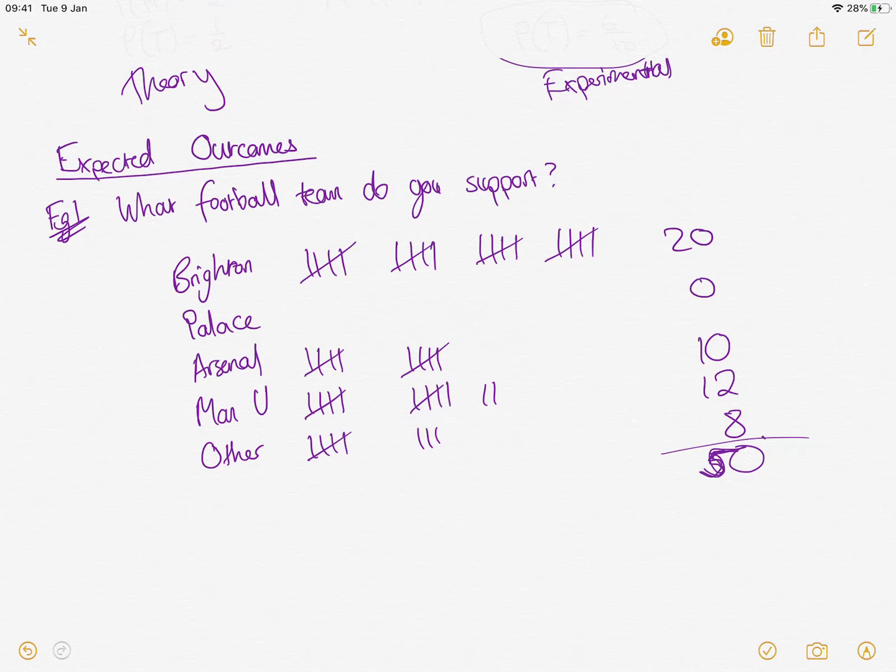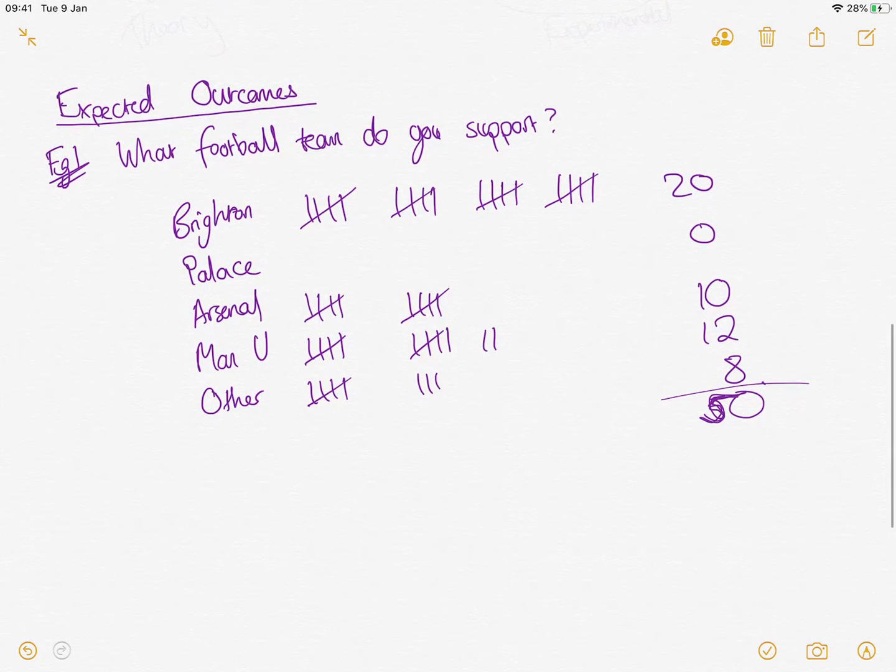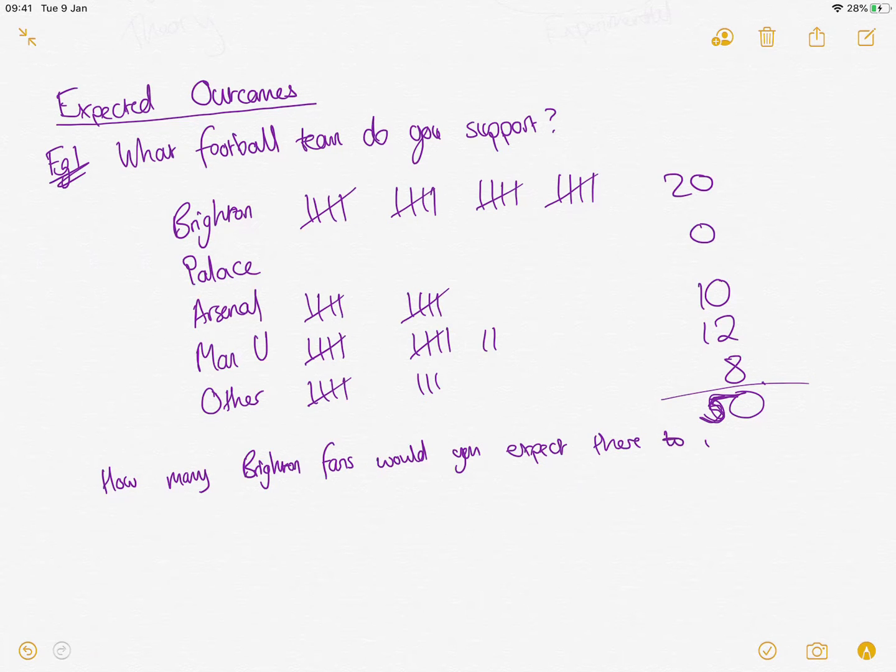Then a question might be, and this could be an example of a GCSE question, how many Brighton fans would you expect there to be in 1,000 people?